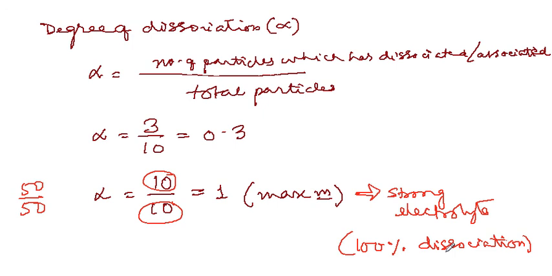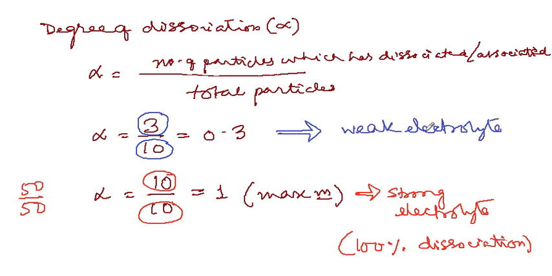But there are electrolytes which dissociate but not completely. Let's say in this example we have taken 10 molecules, but out of those 10 molecules, all of them didn't break, only 3 of them have broken apart. So very few molecules have broken, so in that case we'll call it a weak electrolyte.